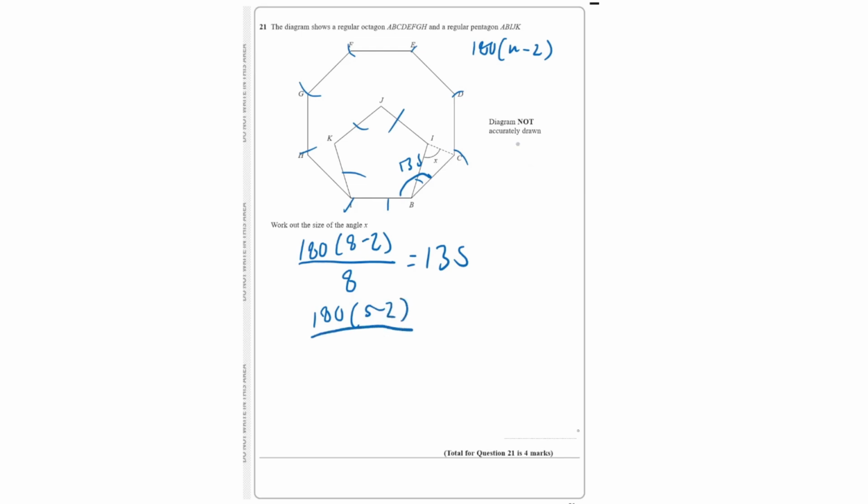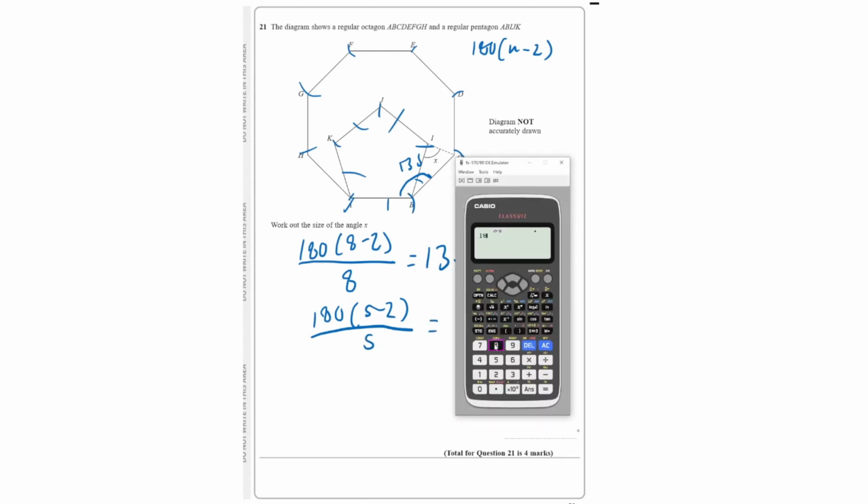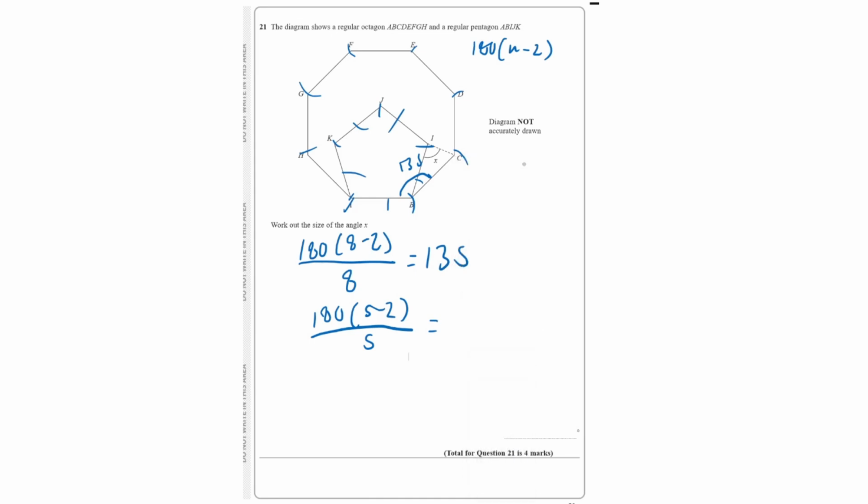Then I only want to find one angle, so I divide it by 5, and we can use our calculator here. 180 times 3 divided by 5. That gives us 108.